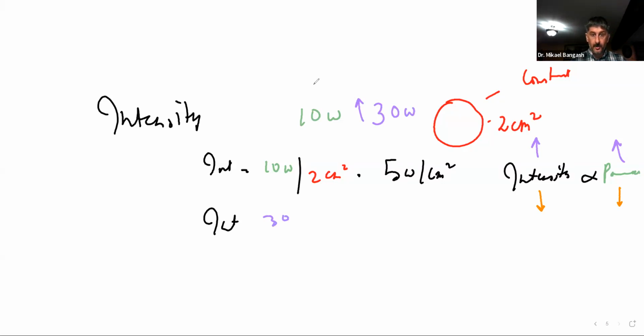That's going to be 30 watts, but now divided by, or distributed on, an area of 2 square centimeters. So you will end up with an intensity of 15 watts per centimeter squared.